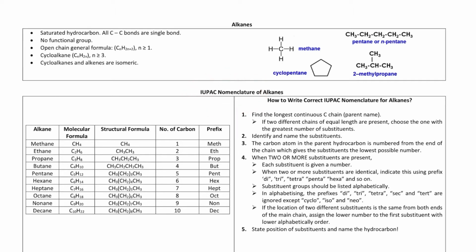Right, and then the first thing before you learn how to give name adalah you kena hafal this one. So you should know that meth, ataupun one carbon, eth for 2 carbon, prop 3 carbon, but 4 carbon and so on. Kena boleh ingat benda depan ni.